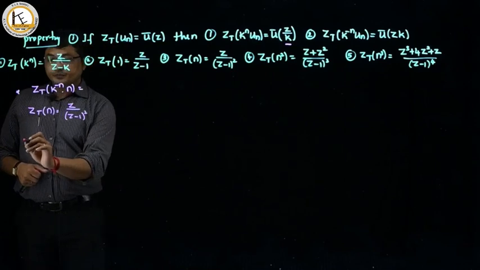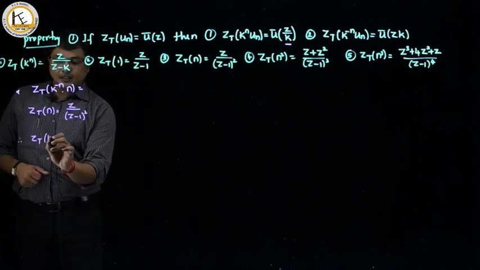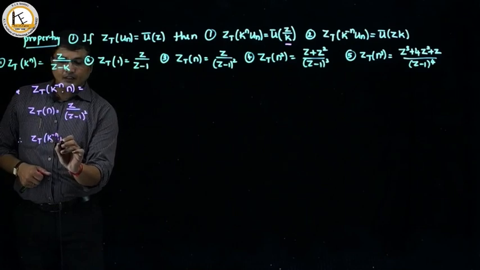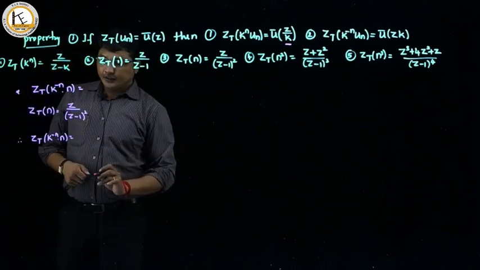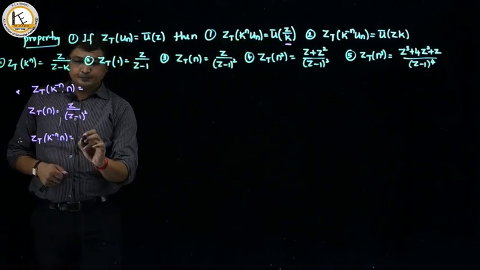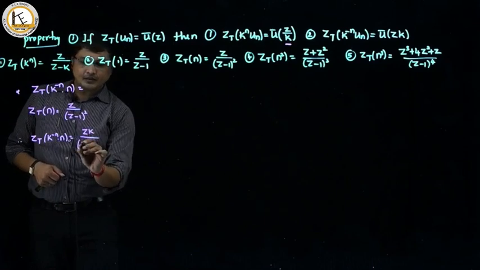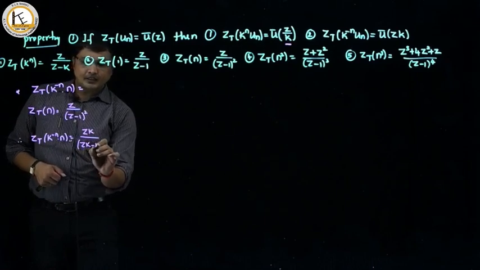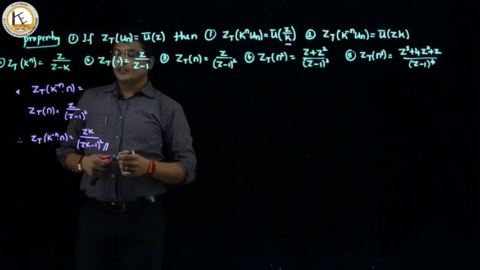Later, to find z transform of k raised to minus n into n will be obtained by just replacing z as zk. Therefore it becomes zk divided by zk minus 1 the whole square. There is no need of simplification.